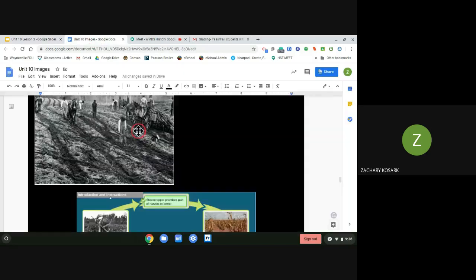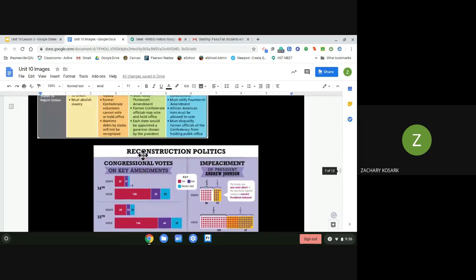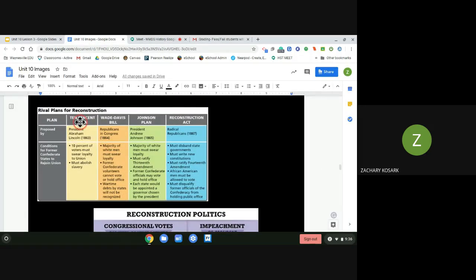In the last lesson, we talked a lot about how the assassination of Abraham Lincoln led to a lot of changes, because the president at the time, Andrew Johnson, was maybe a little bit more sympathetic to the Southerners and not as protective of the formerly enslaved people.